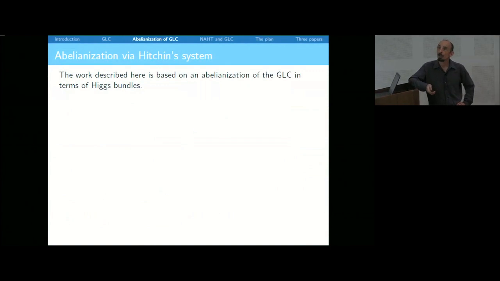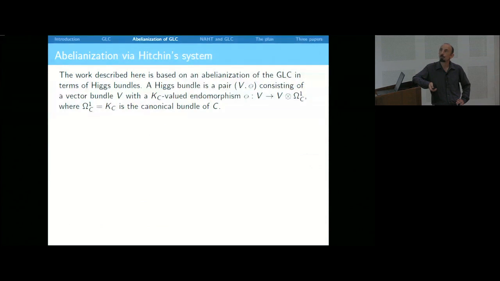Okay, so the work that I describe here is based on abelianization using this Hitchin system. So we know what a Higgs bundle is. It's a bundle together with a one-form valued endomorphism of the bundle in the case of GL_N.